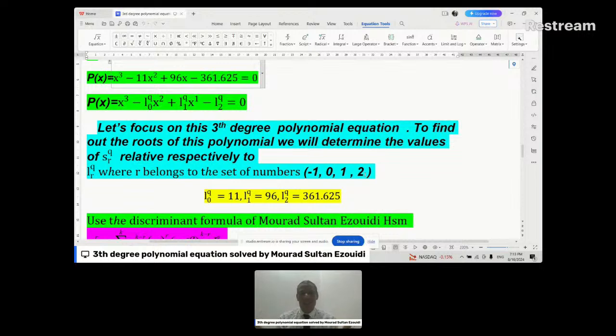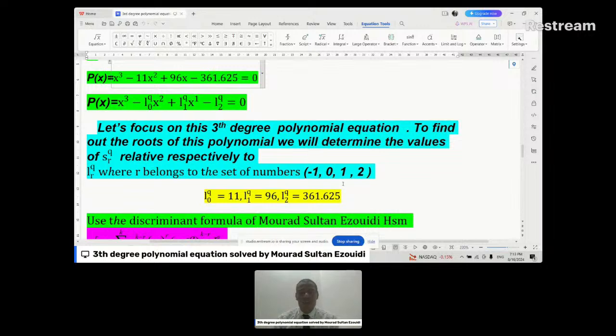This is the strategy. If you are going to work with any nth degree polynomial equation, you should, learners, find S k minus 1 of the q, because this will help you solve and find all the exact roots.